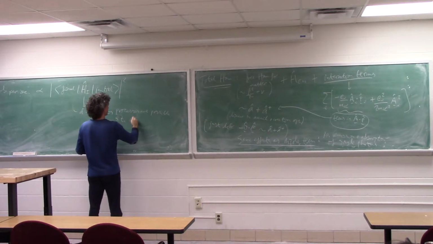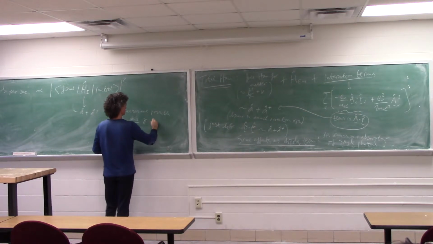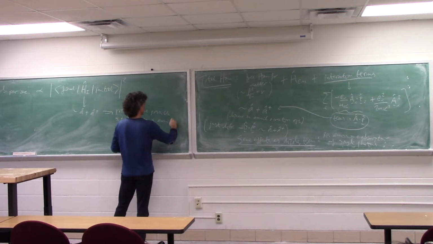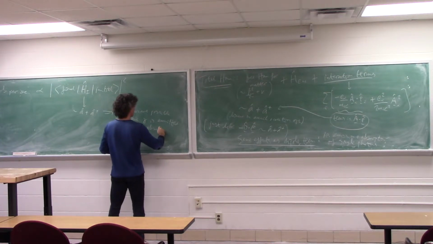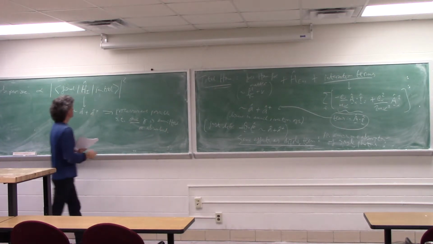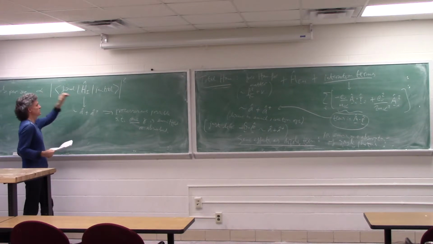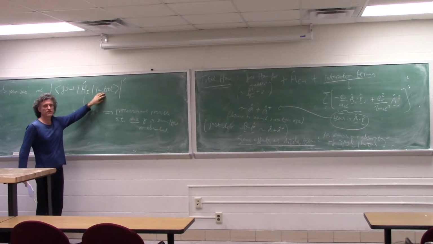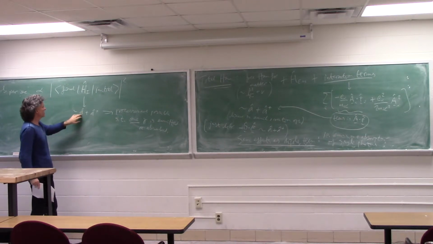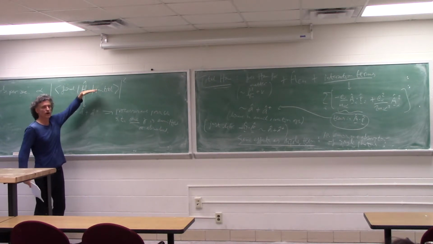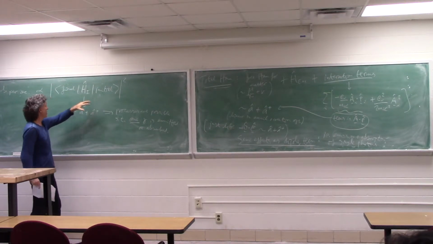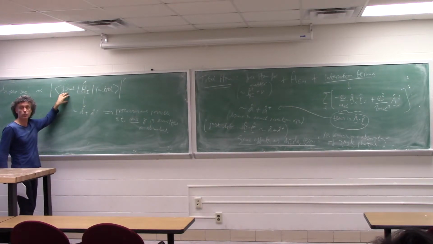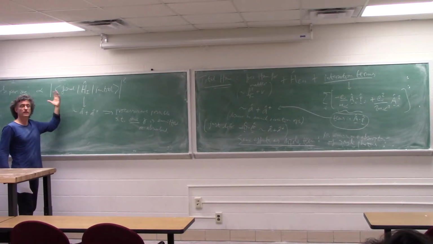such that one photon is emitted or absorbed. Because as we saw, for instance, if this state contains n photons, the annihilation operator can act so I get n minus 1 photons. And if the final state has n minus 1 photons, the inner product will be non-zero.